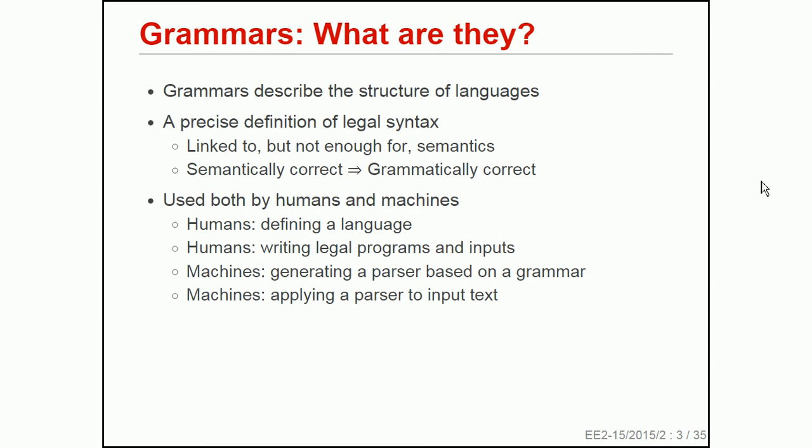Essentially, you want to be able to write a grammar in a way that a machine can understand and do something useful with it. A particular thing you want a machine to be able to do is to automatically generate a parser for a grammar that you have defined. Once it's created a parser, the machine can then independently apply the parser to the input text without your involvement.